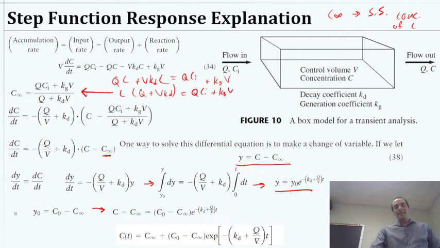So at the end of all this, they've given us an equation, and what's interesting to me is that the generation term, the k_g, has in a way disappeared. It's not in that final equation, except that we have to use it to figure out the C at infinity.